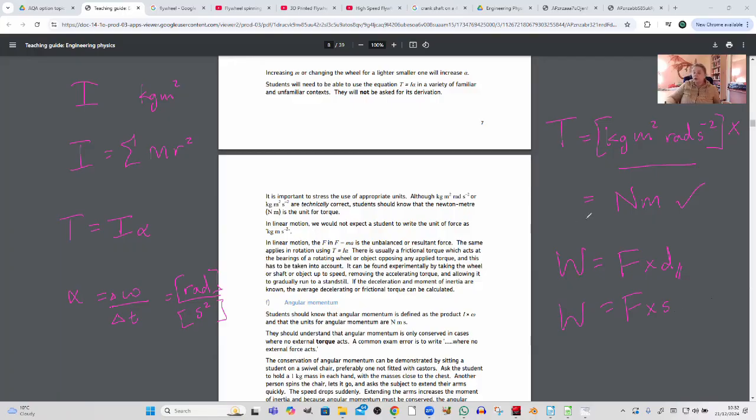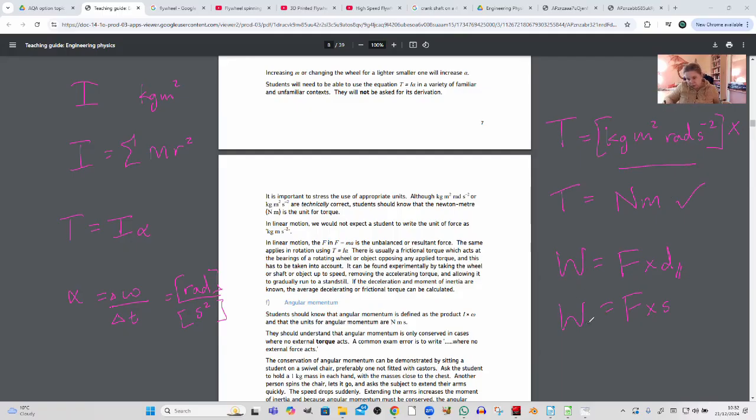Now, torque is also force times distance, but here this is not work. You can't use joules because the newtons and the meters are at 90 degrees to each other, and you don't get joules unless they are in line with one another. So Newton meters is the correct unit for torque, and joules is the correct unit for work.